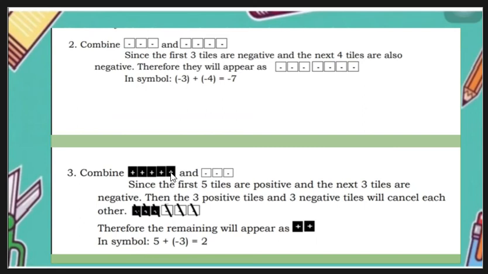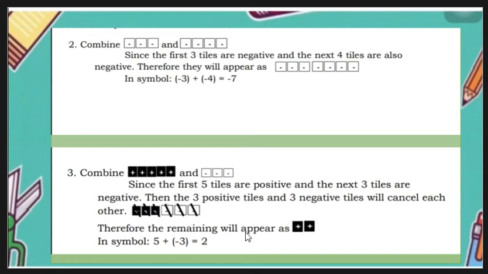Another one, combine positive and negative. Combine 5 positives and 3 negatives. Since the first 5 tiles are positive and the next 3 tiles are negative, the 3 positive tiles and the 3 negative tiles will cancel each other. Again, if you see positive and negative, you can already cancel them.